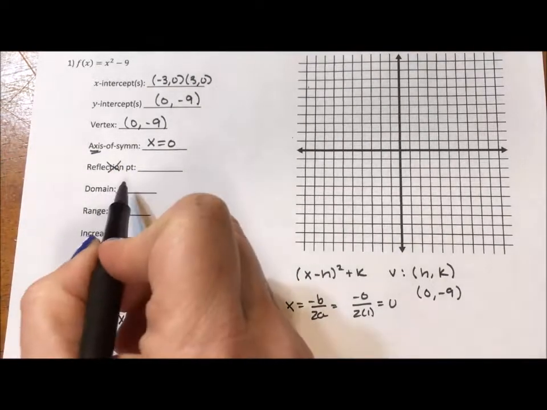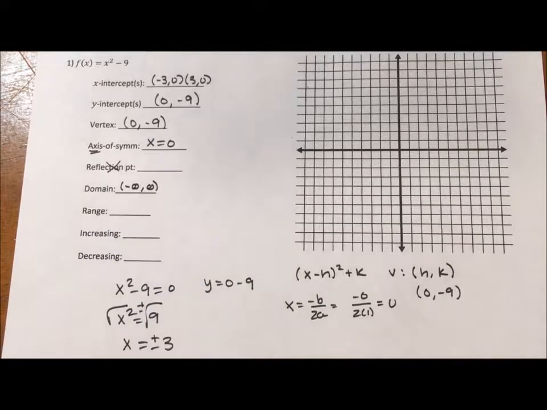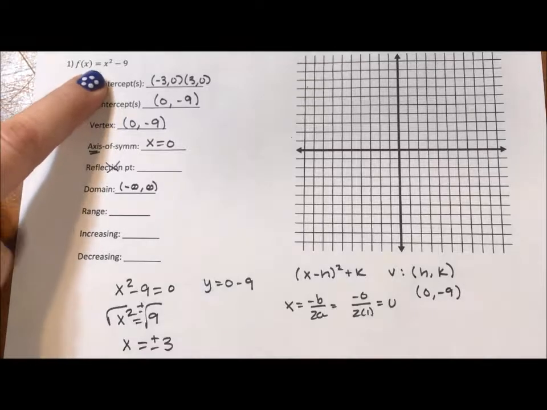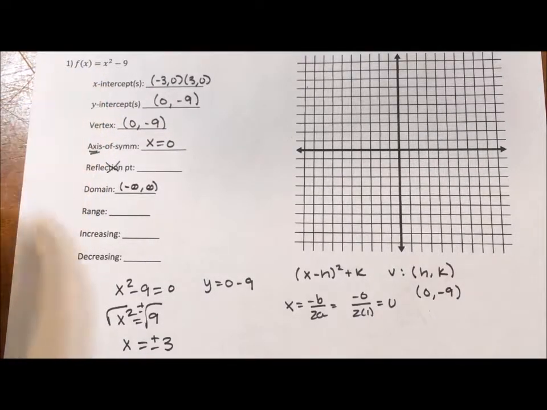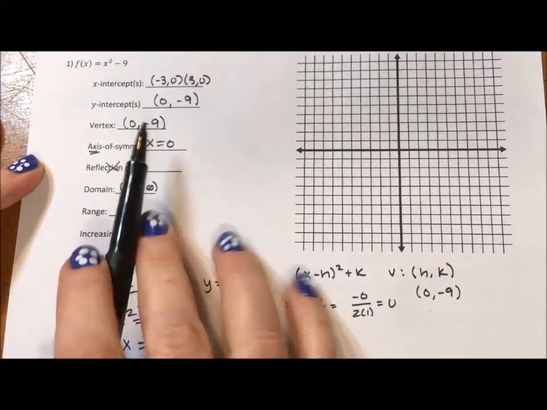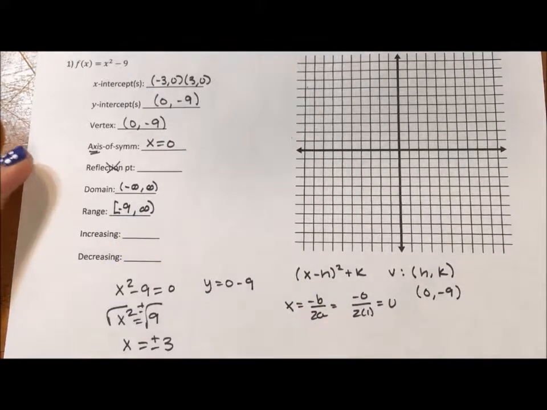The domain of a parabola is, in math world versus real world, always all real. The range, because a, the number multiplied to x squared, is 1, is positive, that means this goes up. It means we have a smiley face, which means the range starts at the y of our vertex to infinity. Notice I have a bracket instead of a parenthesis.